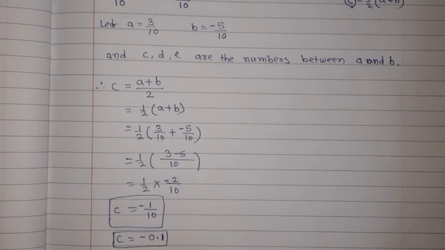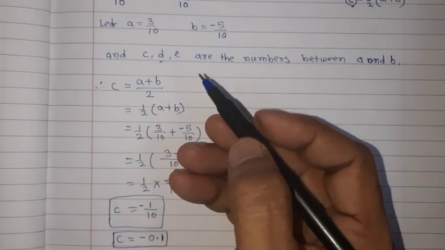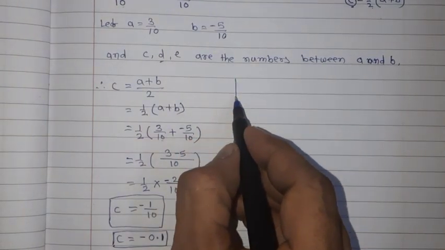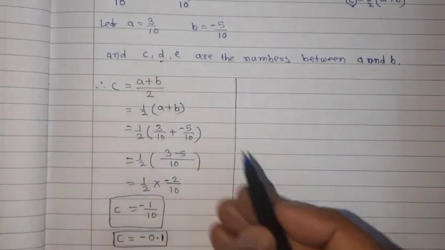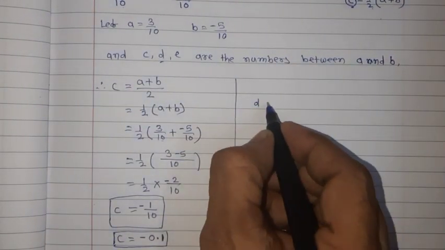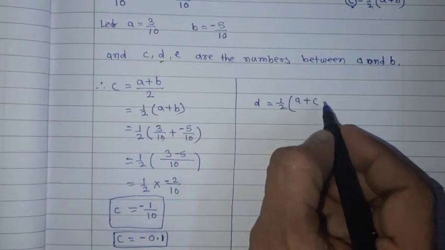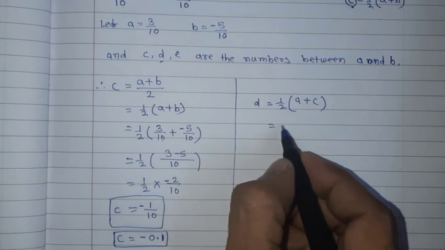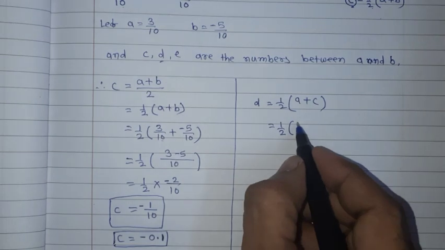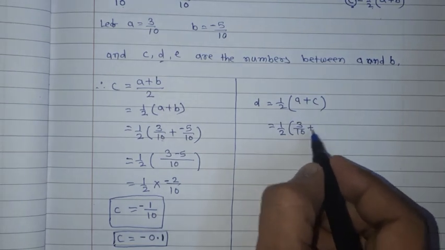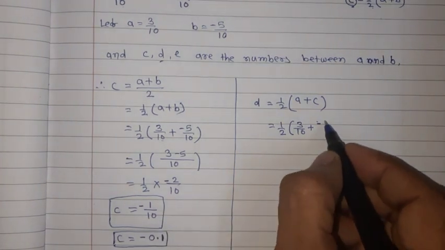Now we have to find this point D. This point D lies between A and C. Therefore, D is equal to half into A plus C. Now see here, it is 1 upon 2 into A, which is 3 upon 10, plus C, which is minus 1 upon 10.